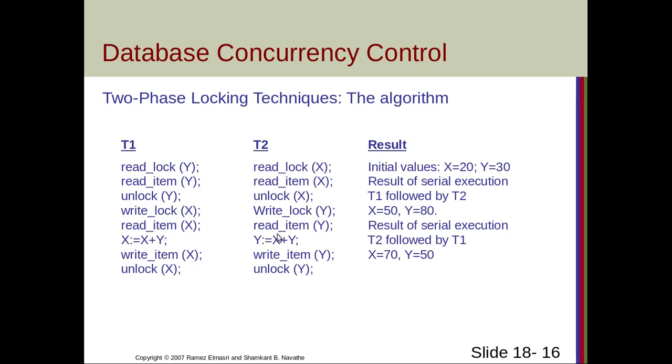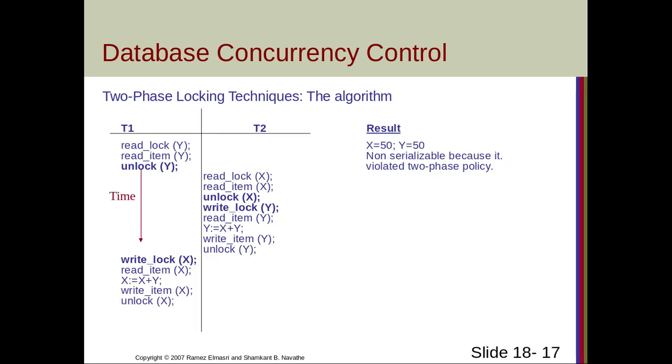Here also, in transaction T2, after the third statement, the fourth statement is unlock Y, write lock Y, and the third statement is unlock X. That means this is also not following two-phase locking. Read lock Y, read item Y, unlock Y, and after that T2 is executing.